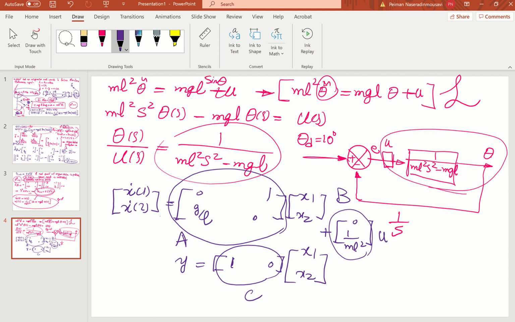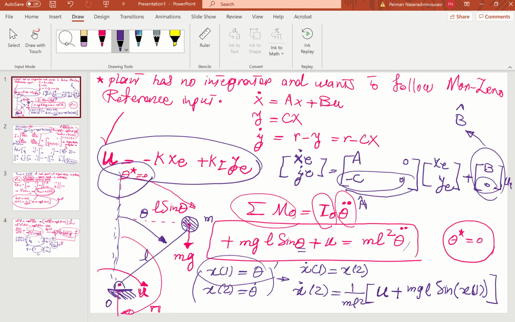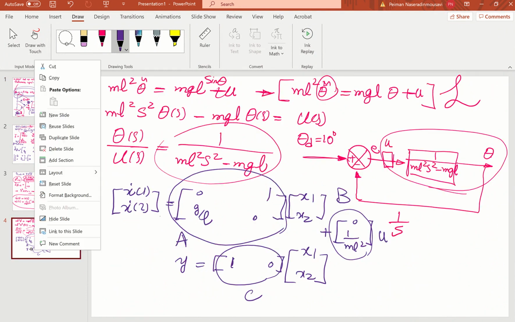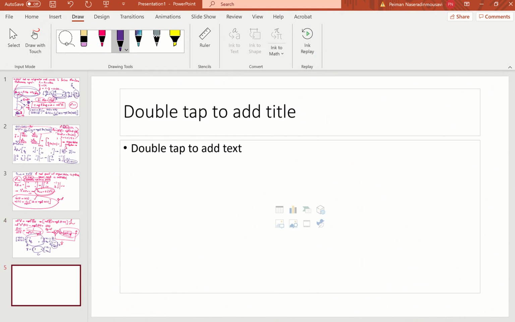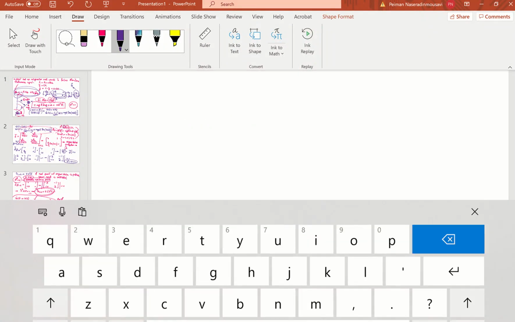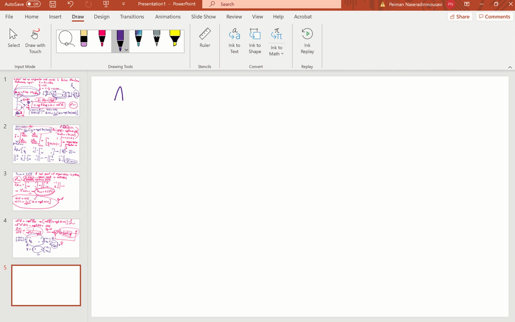Okay. But based on whatever I taught you, to design this controller you have to make an A hat, right, from the previous class. So what we need is A hat. What was A hat? Original A, 0, minus C, 0. Let us put it here exactly.